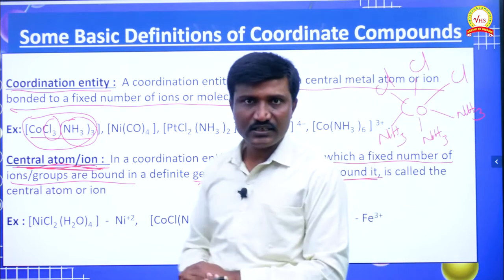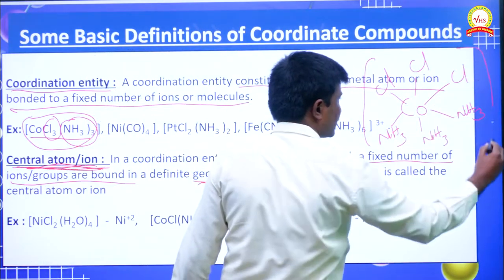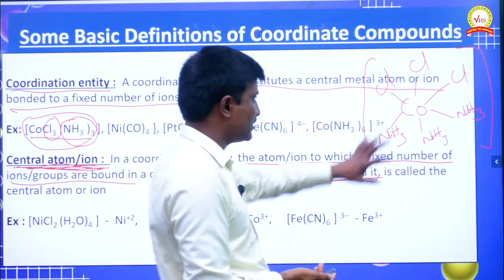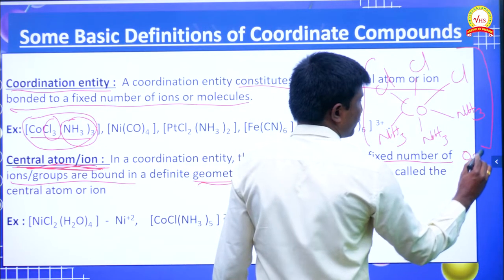So the 3 chloride ions and 3 ammonia molecules approach around the cobalt in these directions, which gives an octahedral shape.